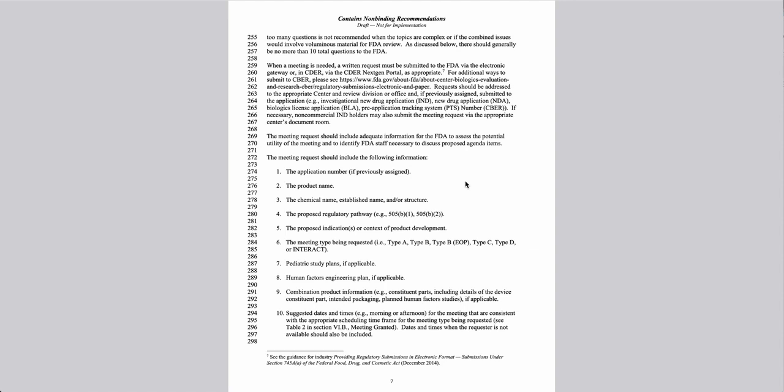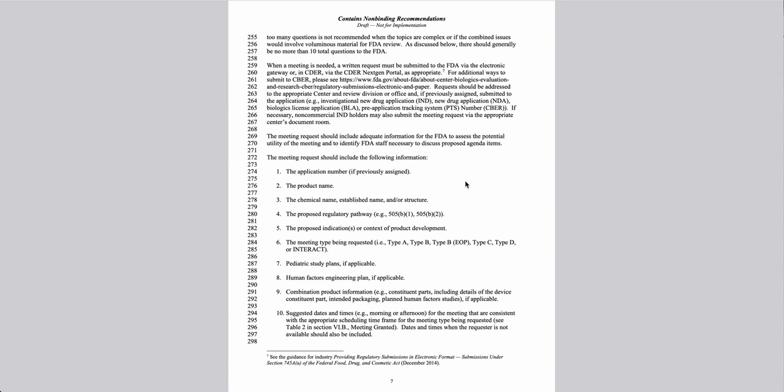Then we are going to write down that we are applying for having a meeting, and we have to write down the meeting type. So for example, if this is for an IND or pre-IND meeting, this is going to be type B meeting. If this is for a meeting before a pre-IND meeting, as we already again covered that, we will need to apply for an INTERACT meeting.